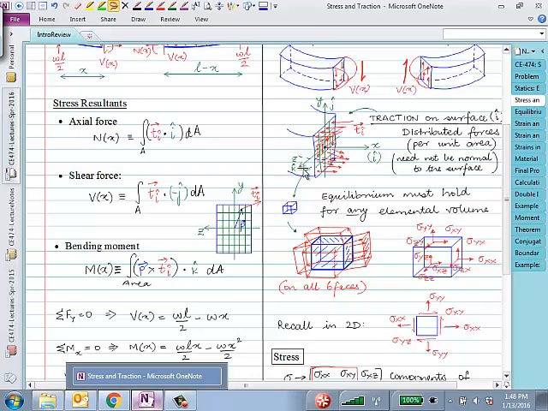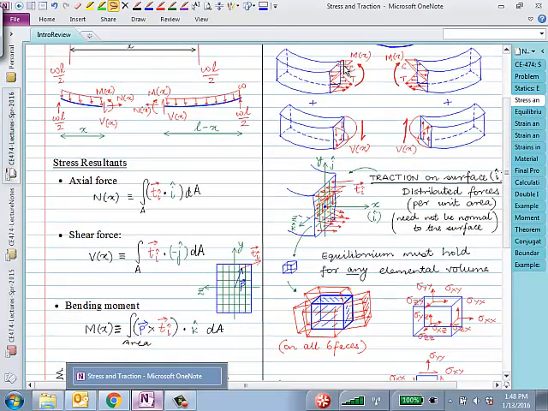K direction is out of the plane. Can anybody think of a reason why I am taking the dot product with the K direction? If I have a three-dimensional moment pointing in some three-dimensional direction, and I only want to know the bending moment across this cross section, the bending moment across this cross section, according to my right hand rule, would be pointing in the K direction.